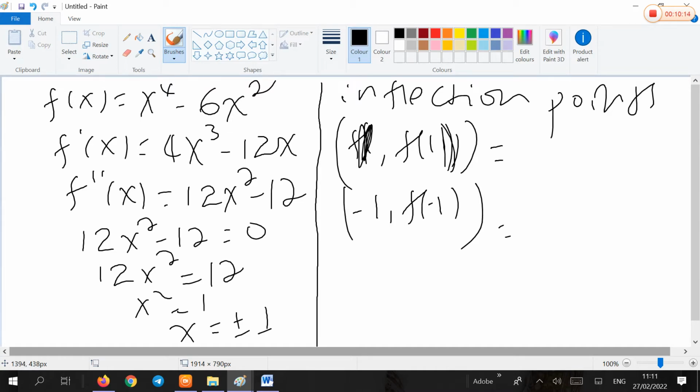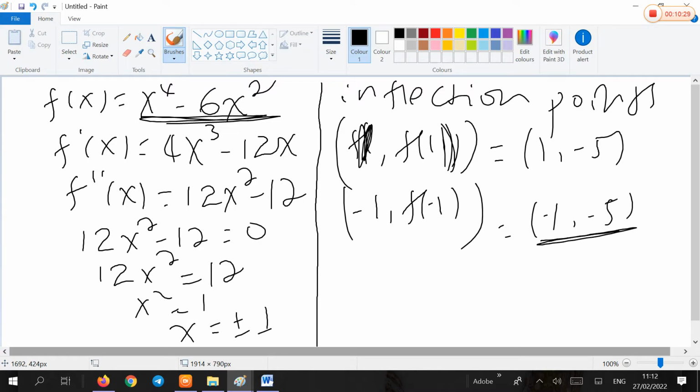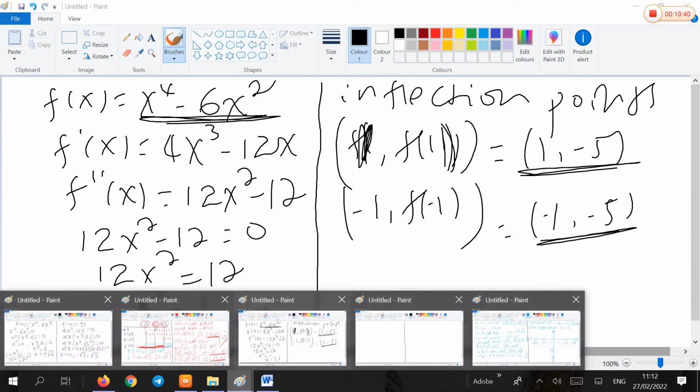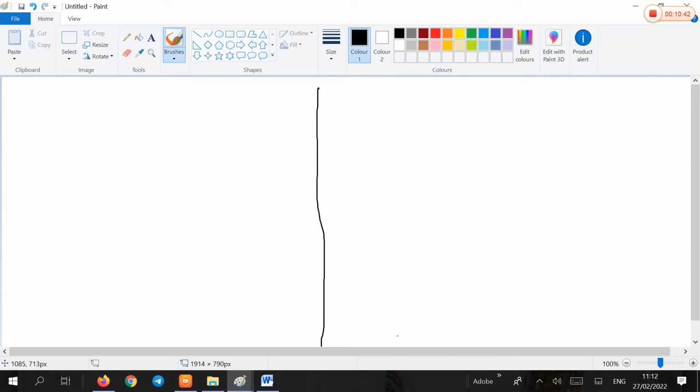If you substitute the numbers 1 and negative 1 into the original function x to the power of 4 minus 6x squared, you will get negative 5, and if you substitute negative 1 you will also get negative 5. These are the inflection points. Then the other thing is how to determine the concavity intervals.